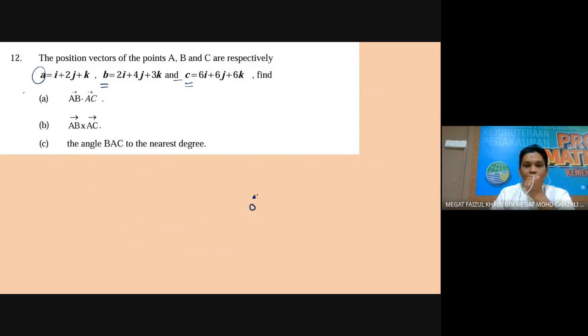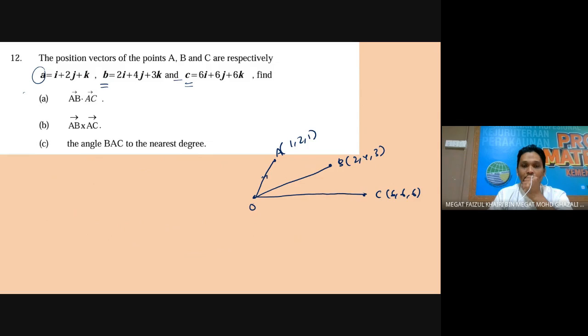From O to A, which is 1, 2, 1, and then coordinate of B 2, 4, 3, and coordinate of C 6, 6, and 6. So OA, OB, and OC. So AB cross AC, AB dot AC.